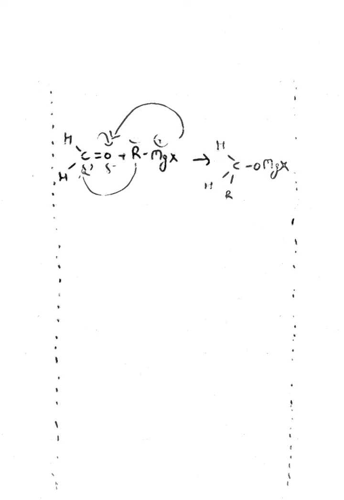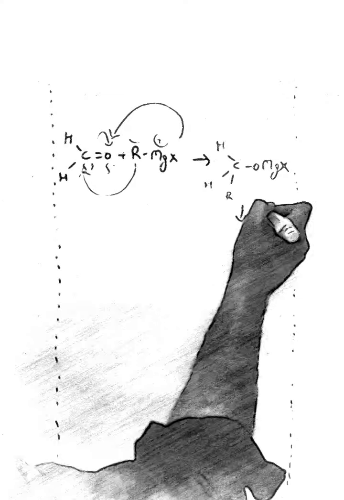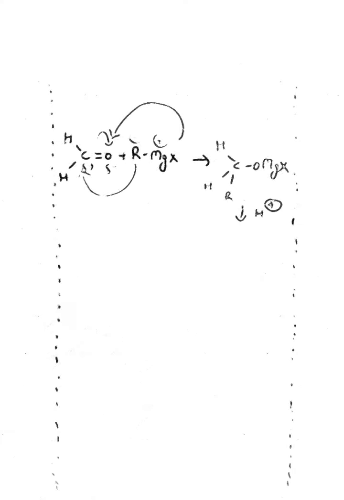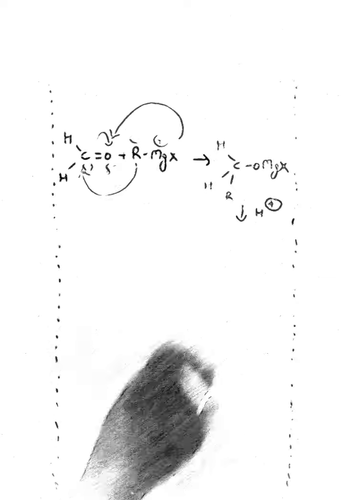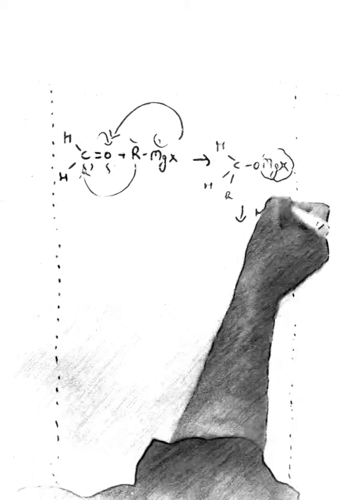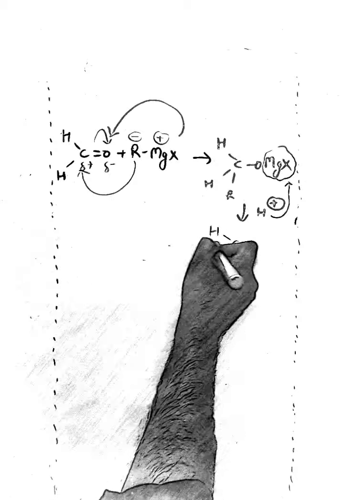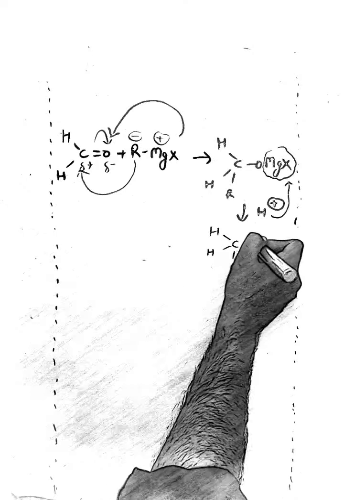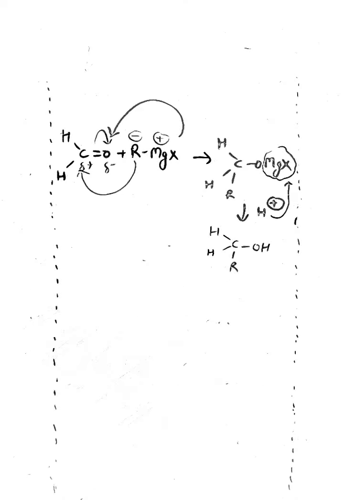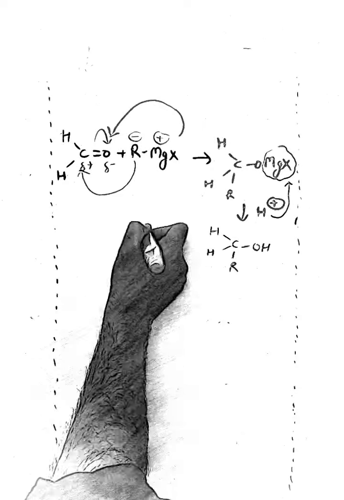Now, in the next step, we can add any mineral acid which is a source of H positive, and this MgX will be replaced by this H. And we will obtain 1 degree alcohol.